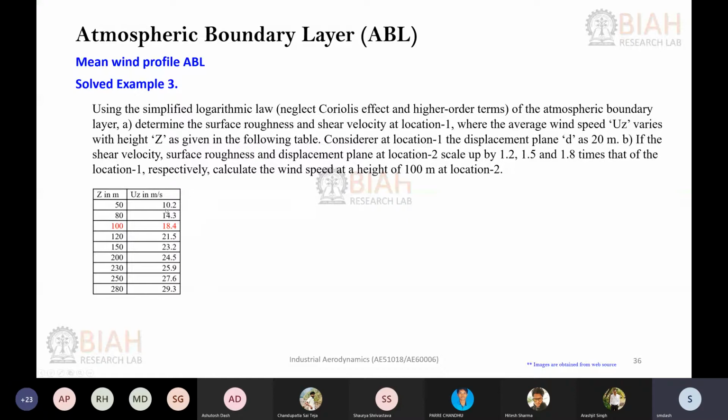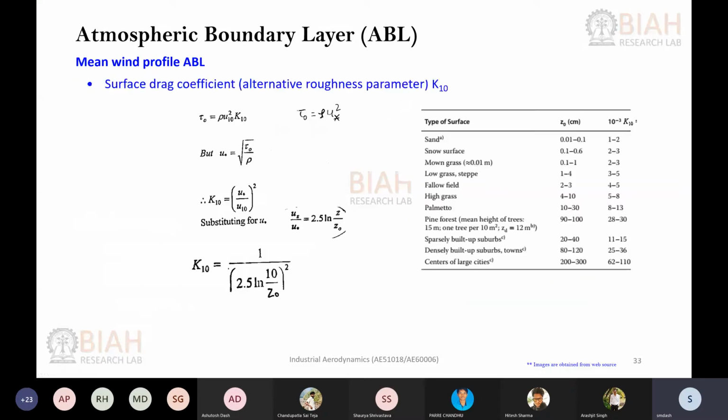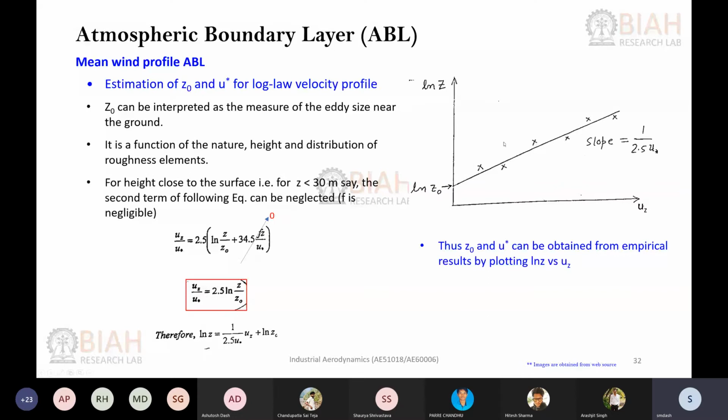So you have Z and UZ values here. If you go to this particular plot, you can see that I can plot UZ and ln Z. Okay, then from that I can find out ln Z0 from the intercept, and from the slope I can get U star.